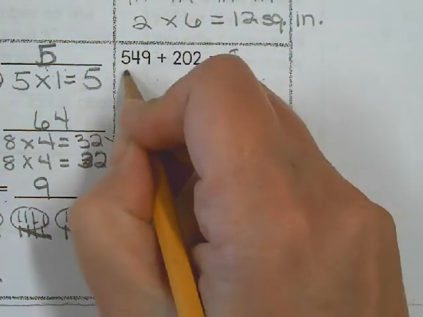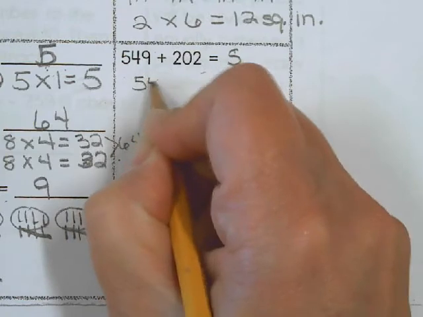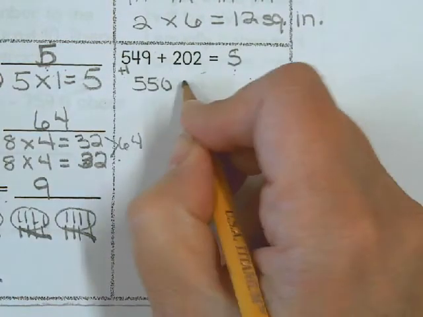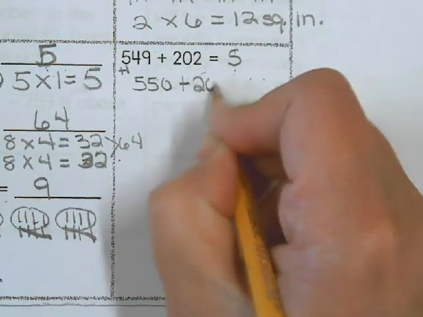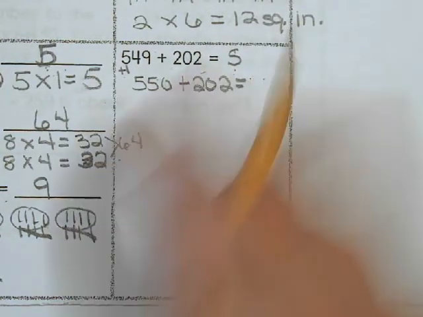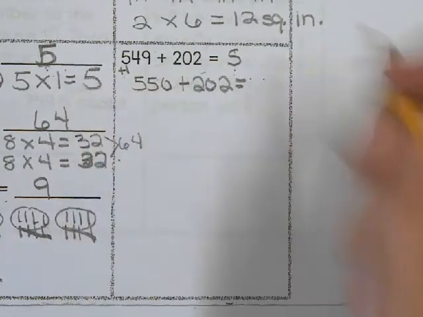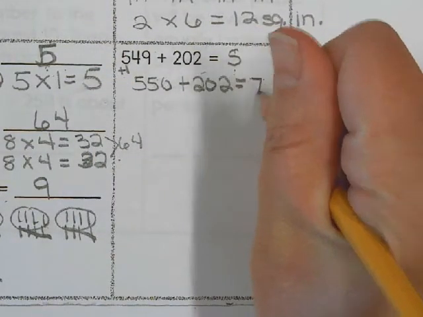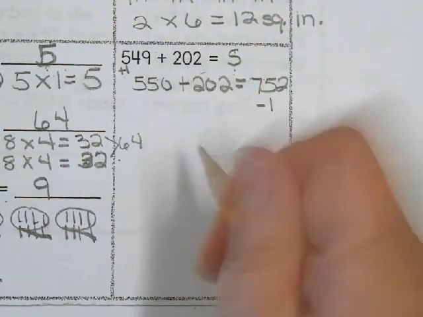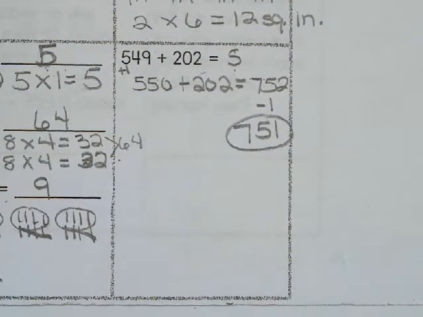Or we could use our understanding of mega 10, add 1 to 549, which would make 550, and add 202 to that, which would make 752. But we're compensating here, so we would subtract this one out and take that one away, and that would give us 751 also as our sum.